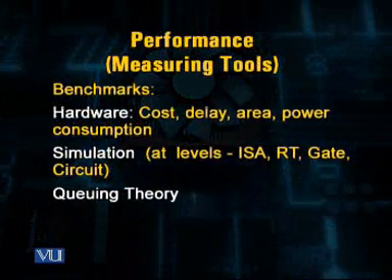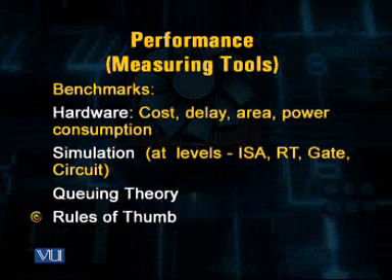This process is known as the queuing process, and for this purpose, the concepts of queuing theory are used. Those of you who are familiar with the mathematical analysis of certain things are well familiar with queuing theory also.